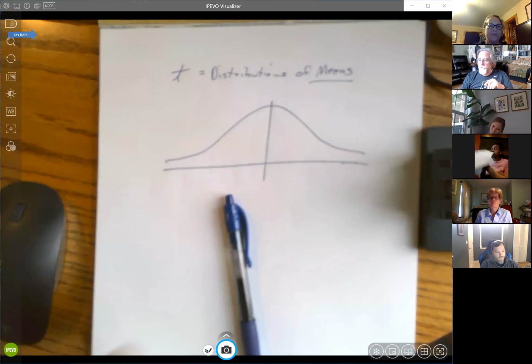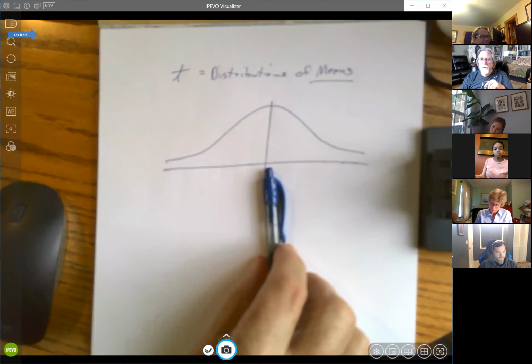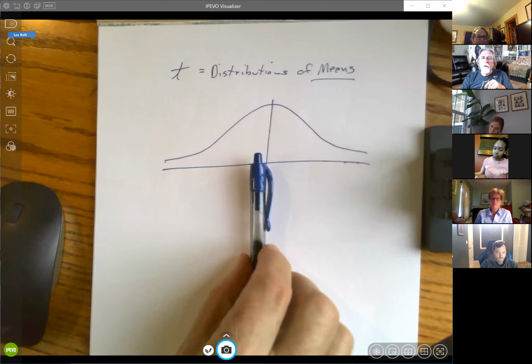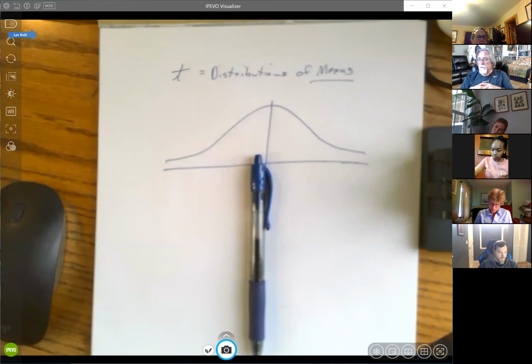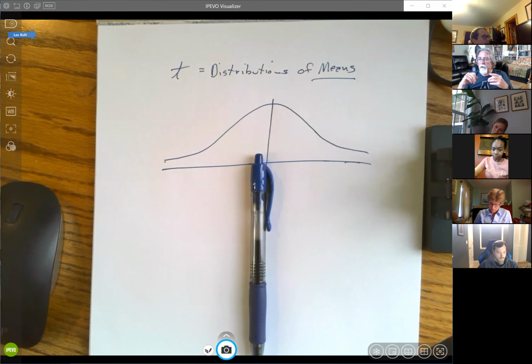So t-distributions are distributions of means. Now there are 3 questions related to means that we can use t-tests for.